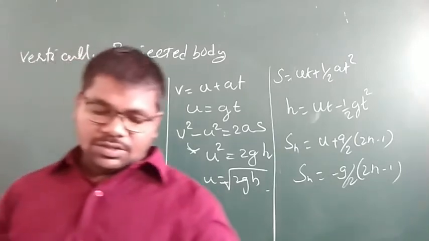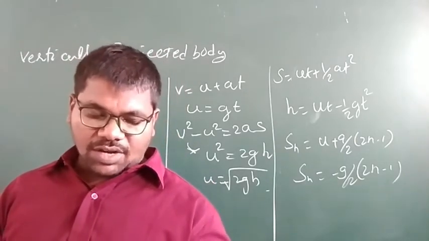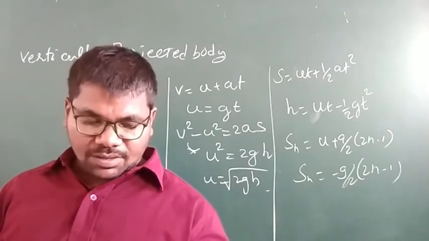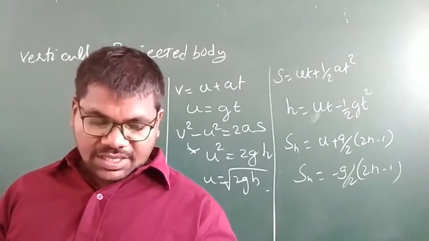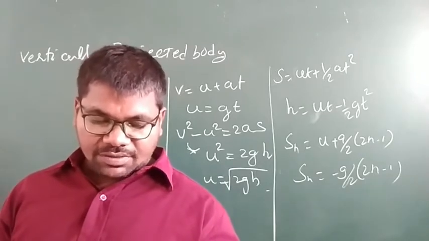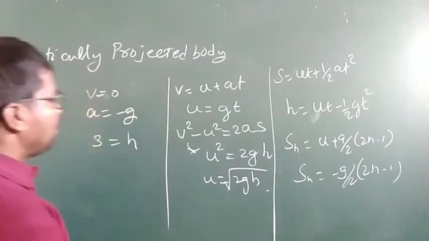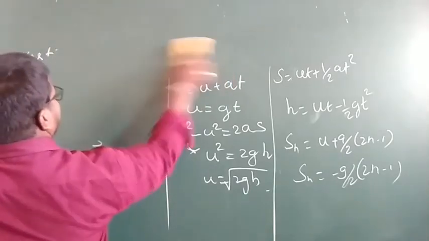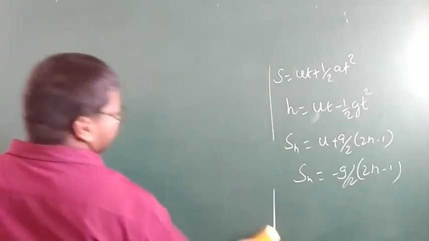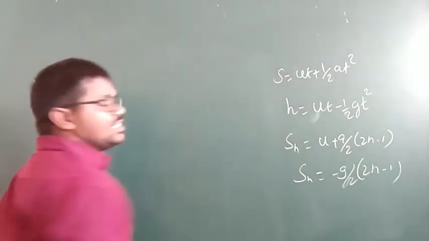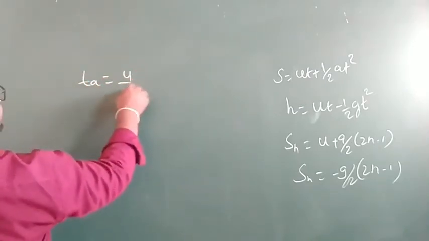Okay, children, I will explain some small formulas based on this. In this case, we have to derive time of ascent and time of descent. The time taken by a particle to reach the maximum point is the time of ascent, Ta is u by g.